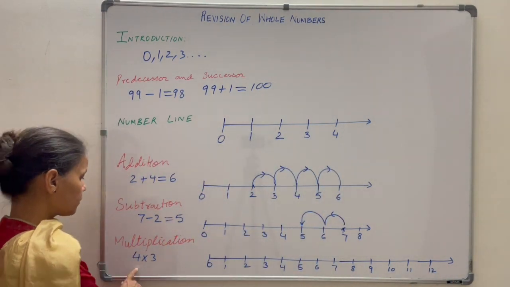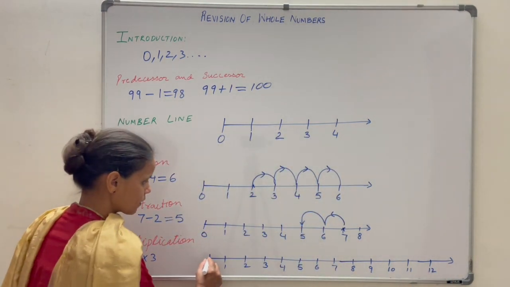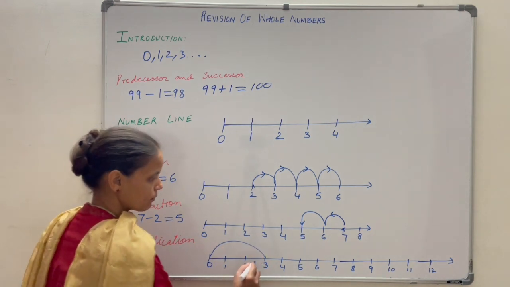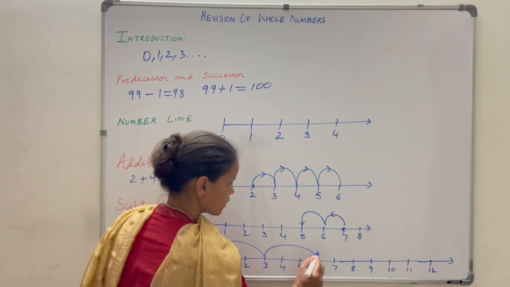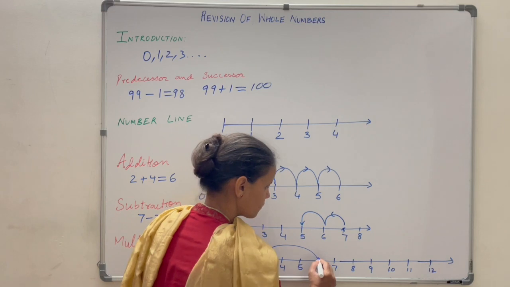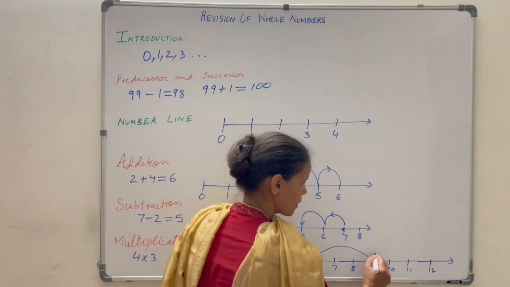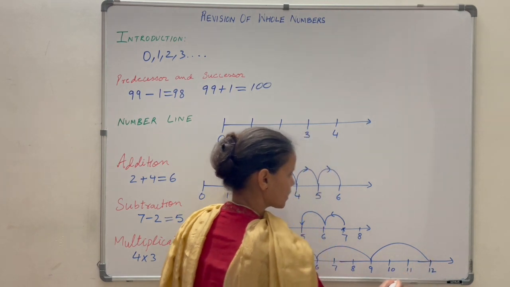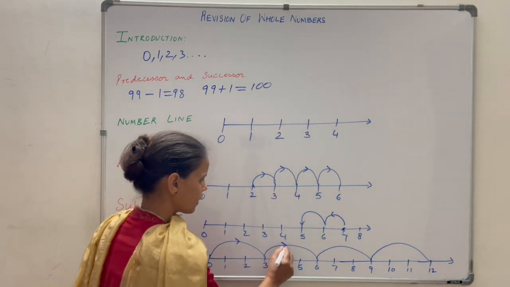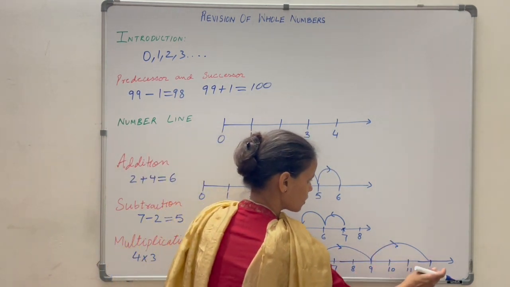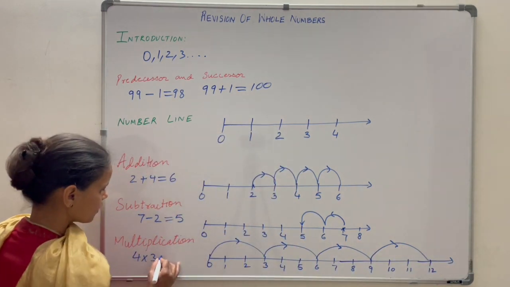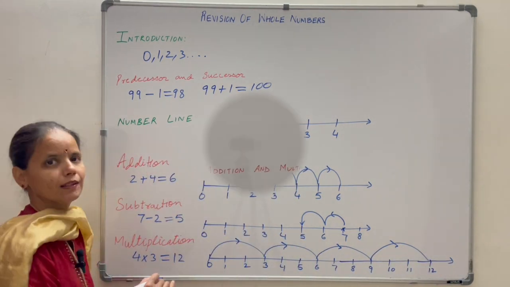This is 1 times 3. This is 2 times 3. This is 3 times 3. And this is 4 times 3. So where did you finally reach? You reached 12. So 4 into 3 is 12.